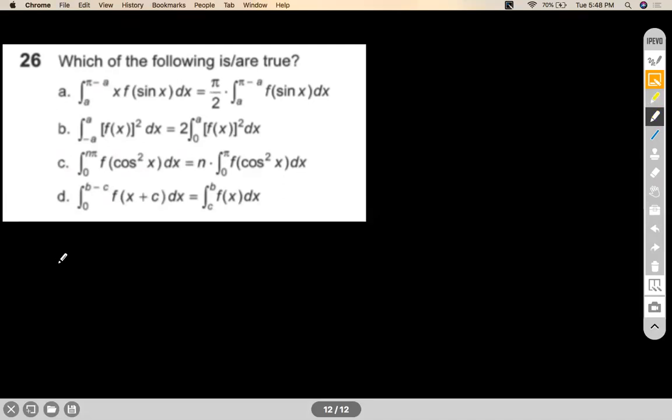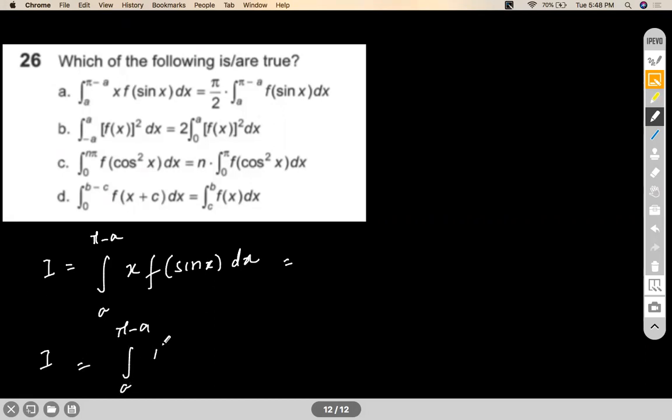The first one, you can use your King's property over here. So a to pi minus a. Remember this is your a and this is your b, correct? So replace your x with a plus b minus x. A plus b itself is pi. So you can write this as I equal to a to pi minus a, pi minus x.